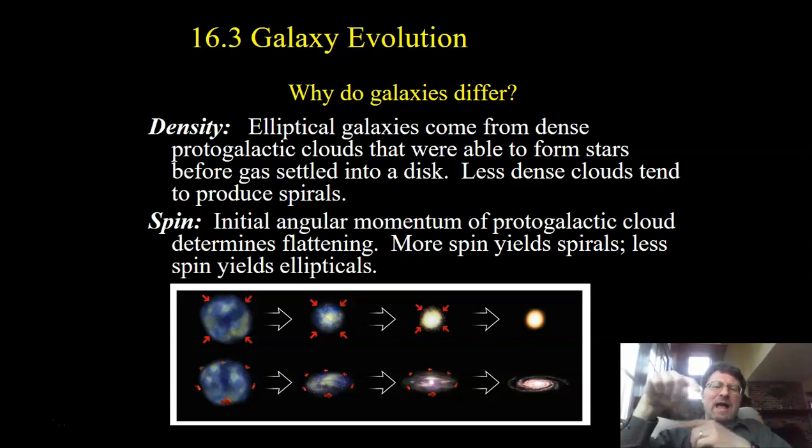The spin of the cloud is also very relevant. The faster it's spinning, the more flattening that you're going to get, and therefore the more likely it is that you're going to make a spiral type galaxy. So depending on the density, less dense clouds will make spirals, faster spinning clouds will make spirals. So depending on the density and the spin, you might get these two different types of galaxies.